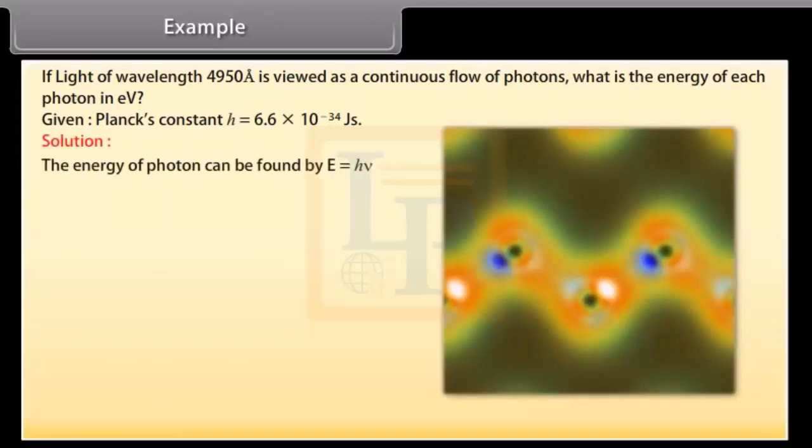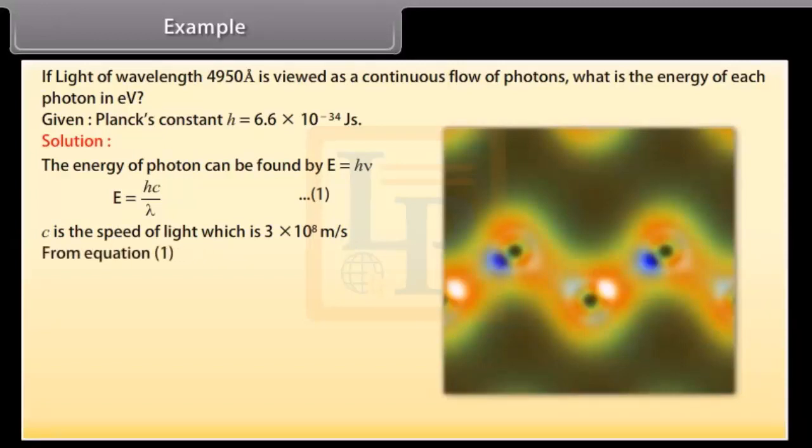Solution. The energy of a photon can be found by E equals hν, E equals hc by λ, name it as equation 1. c is the speed of light, which is 3 × 10^8 meter per second. From equation 1, E equals 6.6 × 10^-34 into 3 × 10^8 by 4950 × 10^-10 joule.